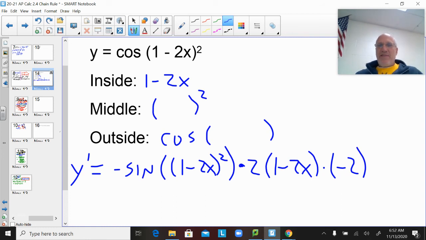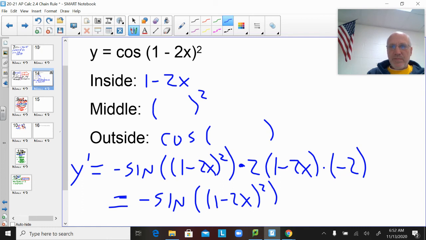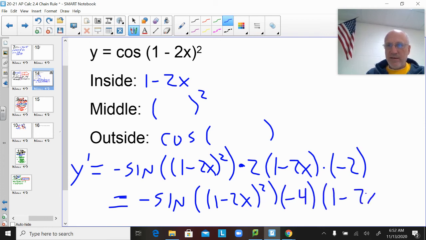And this cleans up, I'm happy to report, very little. I might rewrite the first time negative sine of 1 minus 2x squared. And then, now what? I've got a times 2 and a times negative 2. That's times negative 4. And then times 1 minus 2x.